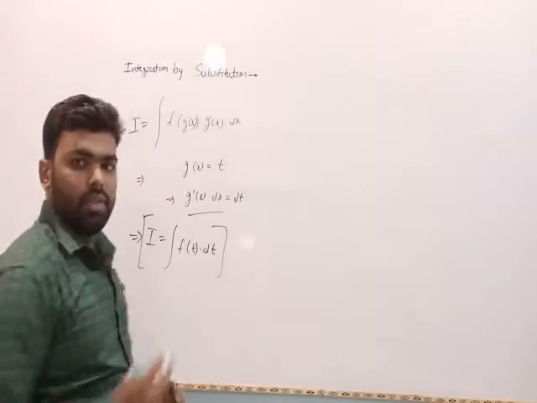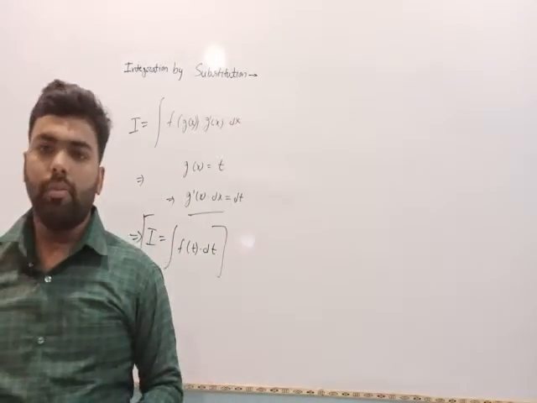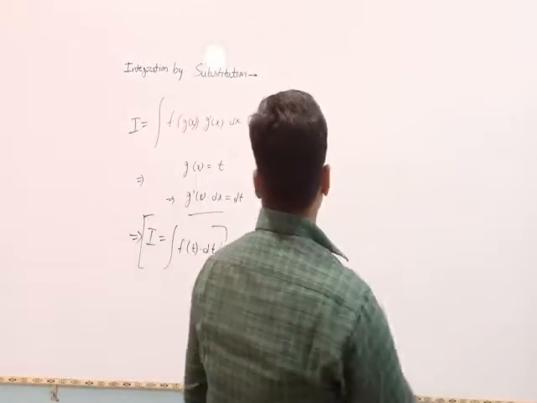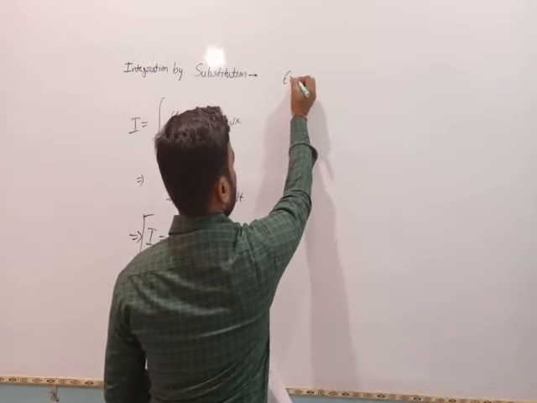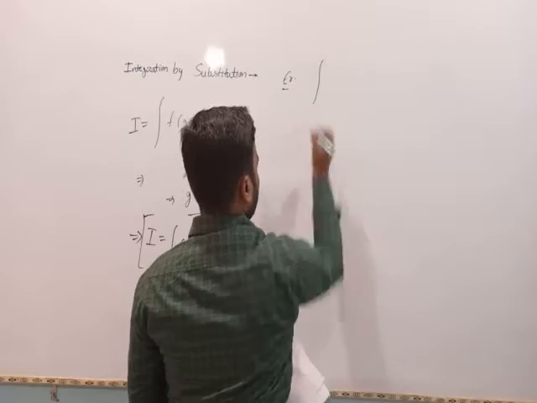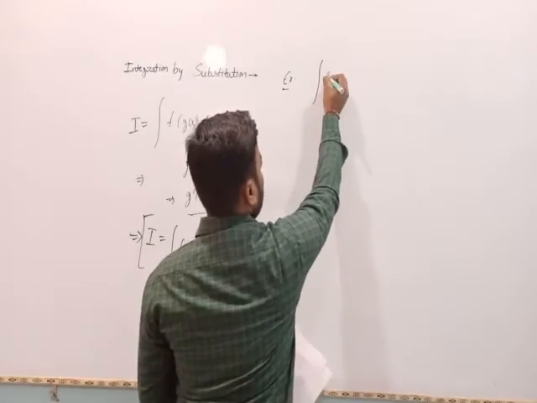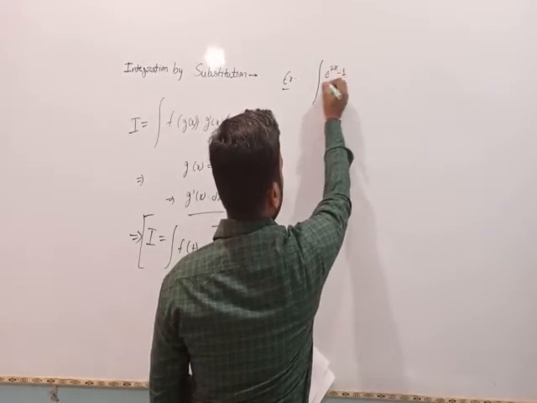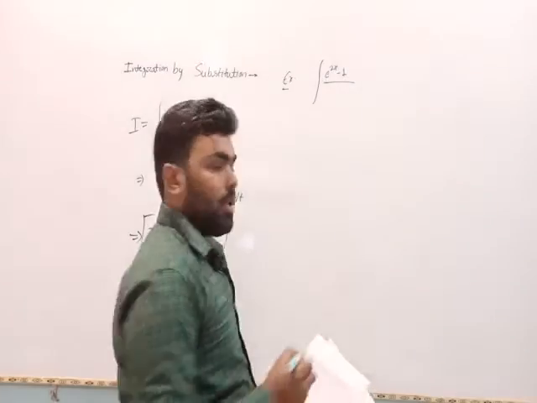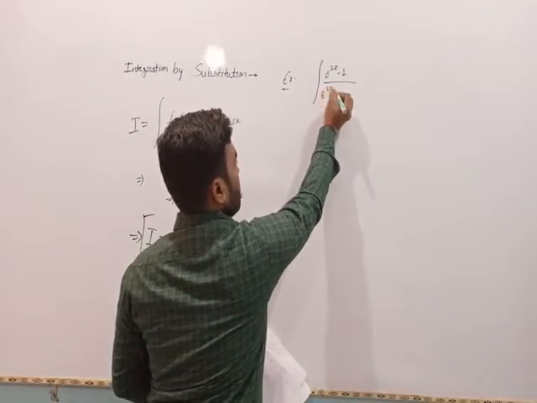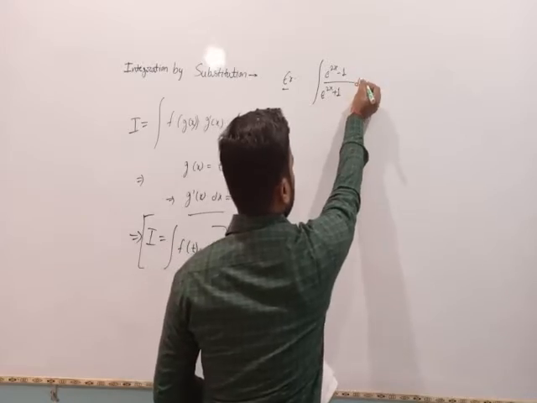Okay, if we take an example of integration by substitution, say we need to find the integral of (e to the power 2x minus 1) divided by (e to the power 2x plus 1) dx.